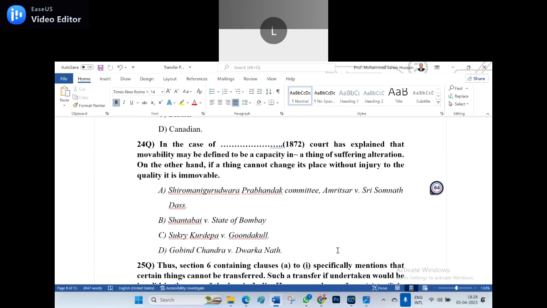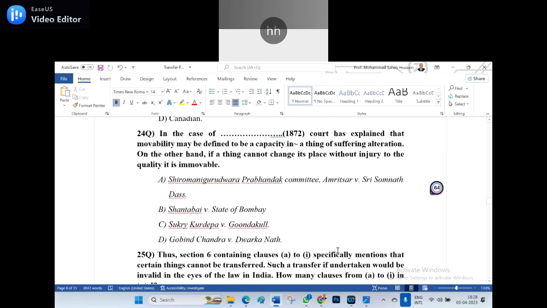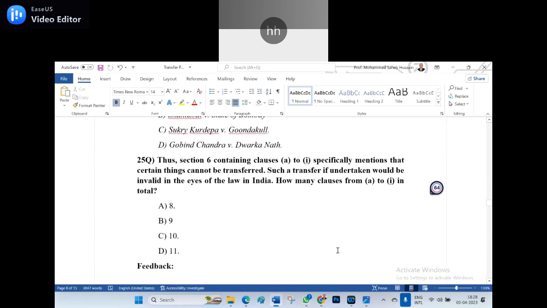B, Shantabai versus State of Bombay? Wrong. D, Govind Chandra versus Dwarkanath? Wrong. The right answer is C, Sukri Kurdepa versus Gunda Kul. In that case, the issue is decided.